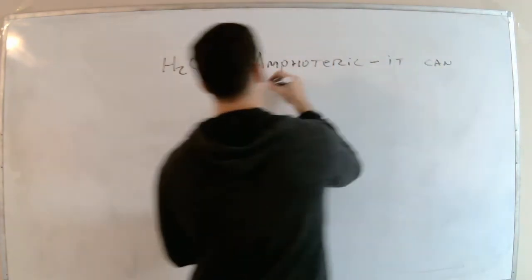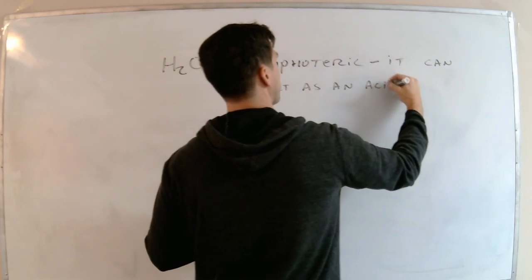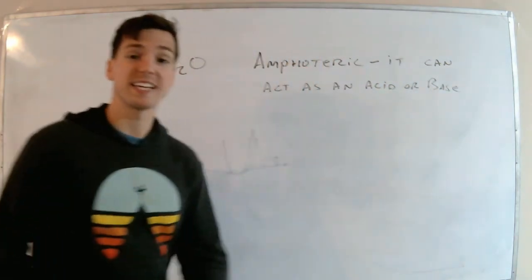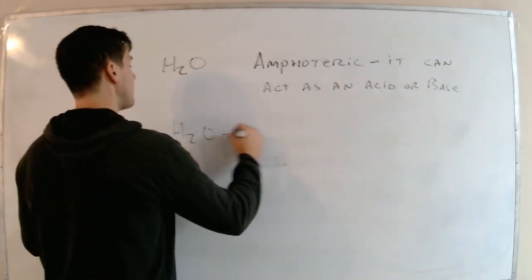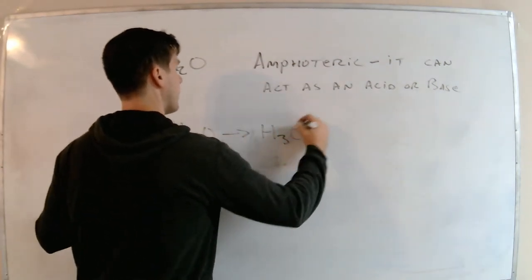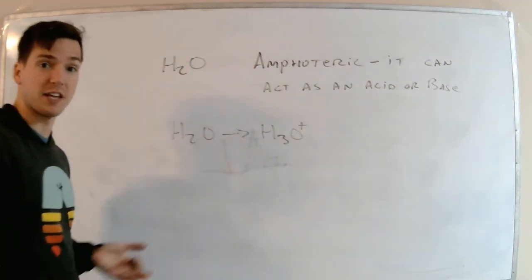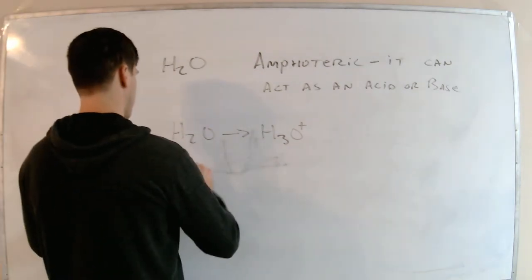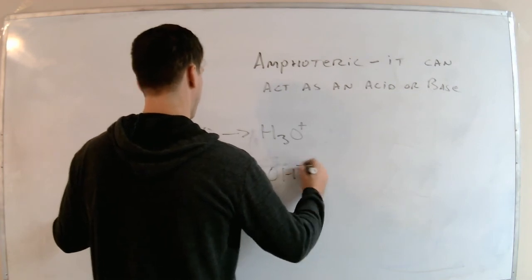It can act as an acid or base. Okay, water's special that way. Water can accept an H plus and be a base, or it can donate an H plus and become an acid.